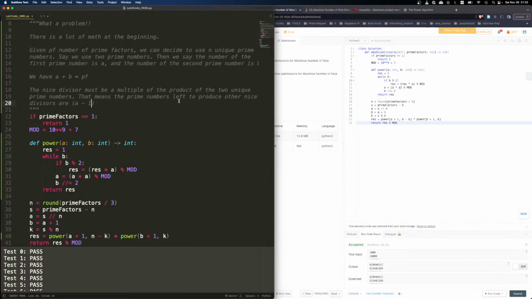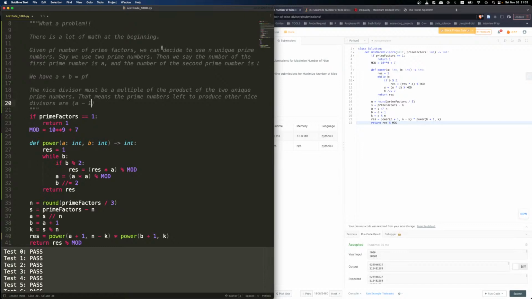Is that a minus 1? No. Number of first prime numbers. I don't want to do it this way.